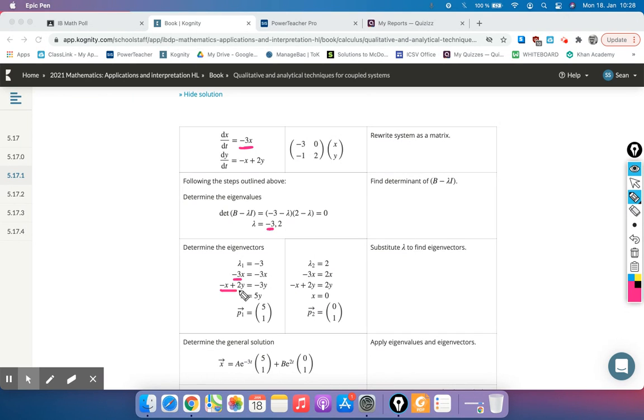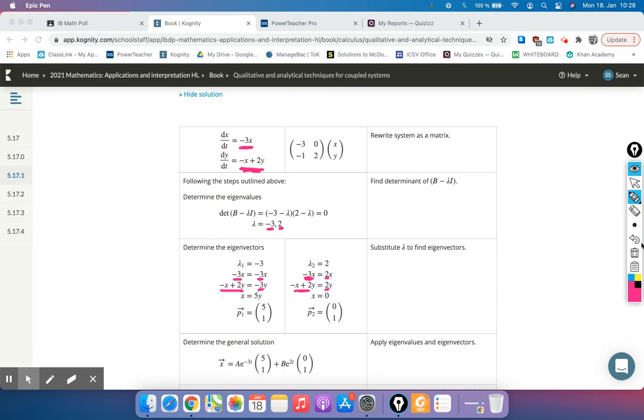Notice here, -x plus y, -x plus 2y. The left side is just whatever your diff EQ says, but on the right side, they're just putting the lambda value on the front of x and y. They're doing the same thing over here. Notice these don't change because that's from our diff EQ, but then they just put the lambda value in front of x and y.